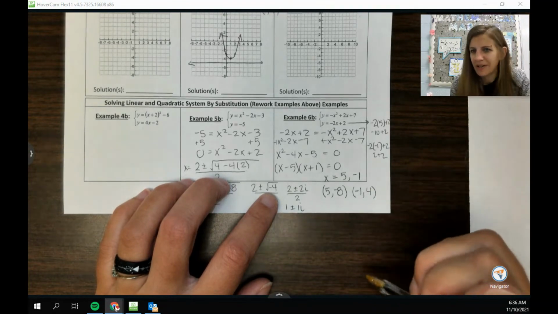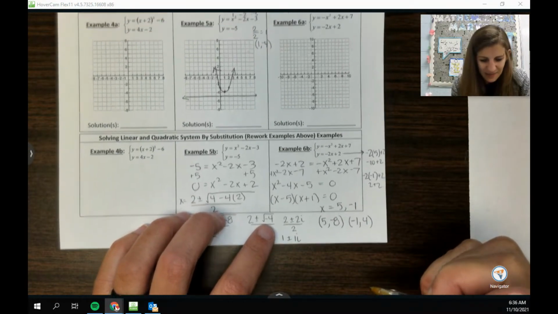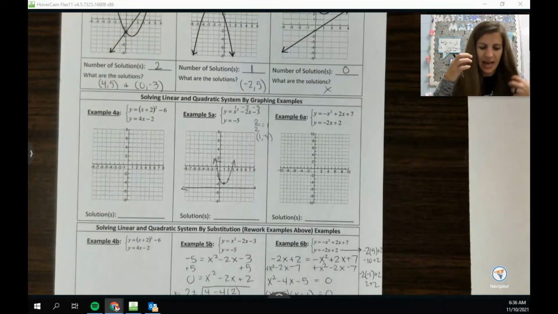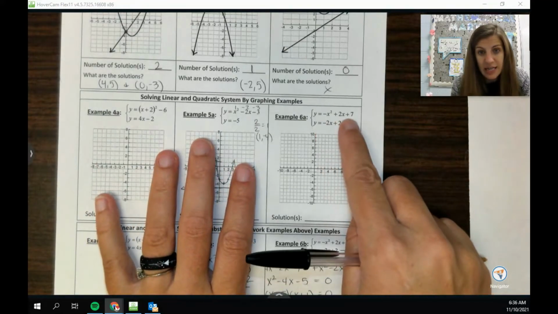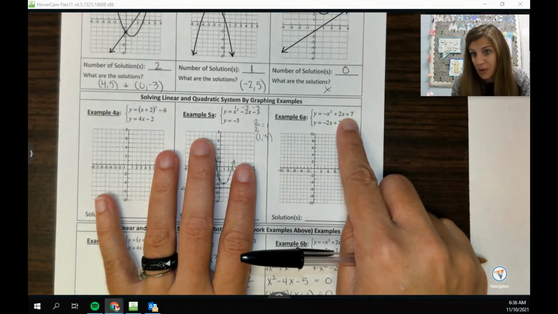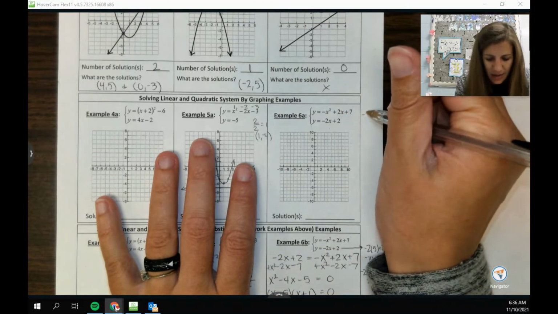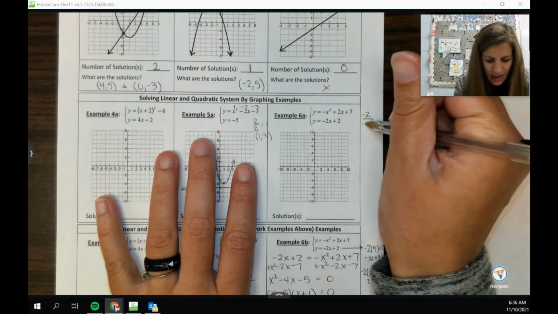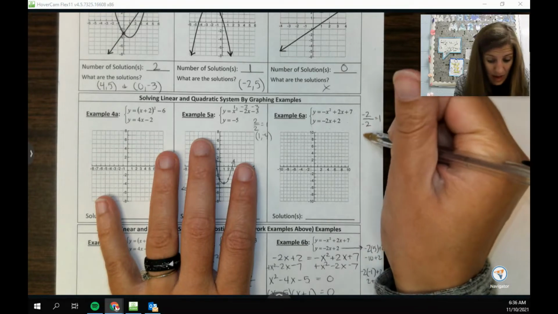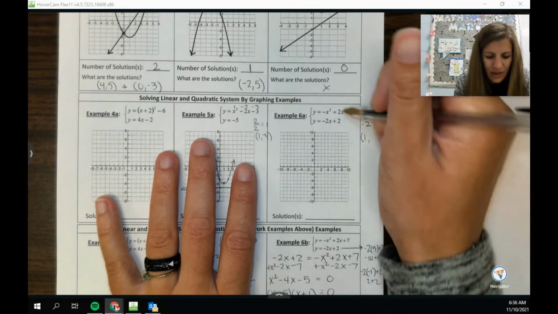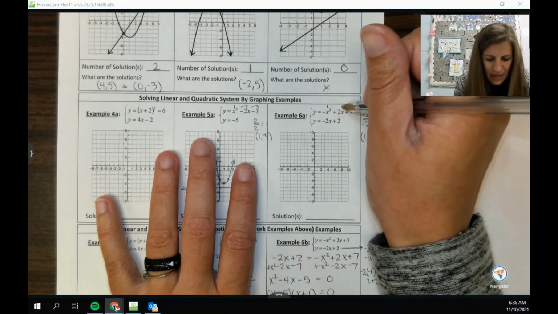So let's just graph it a little and see if that makes sense. So like up here, again, we have a quadratic in standard form. So if I want to graph that, I need to find the vertex by doing negative b over 2a. So x is 1 again. And then I've got to plug it in.